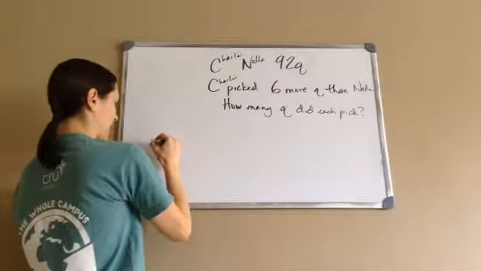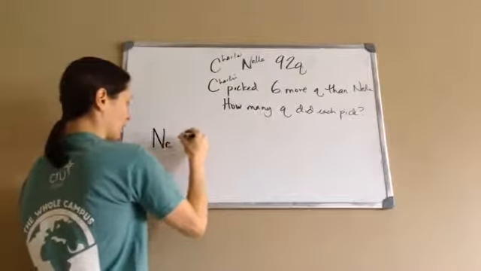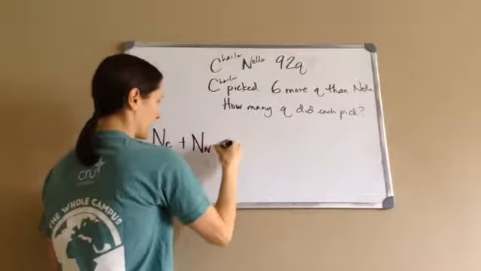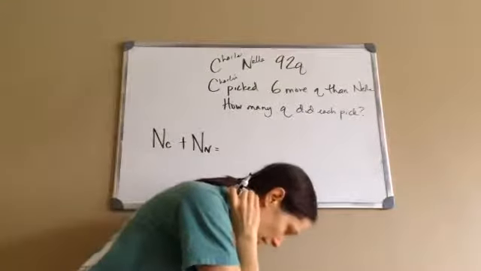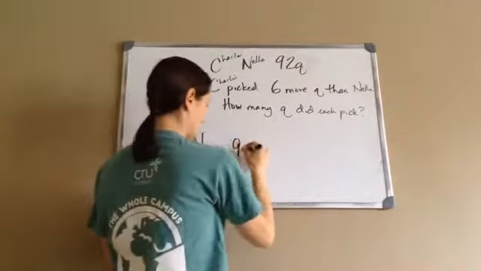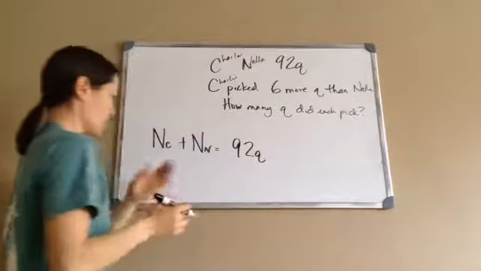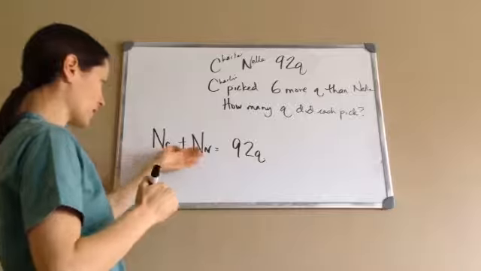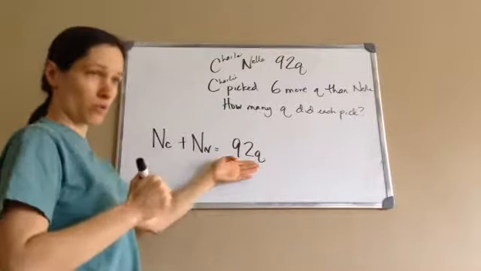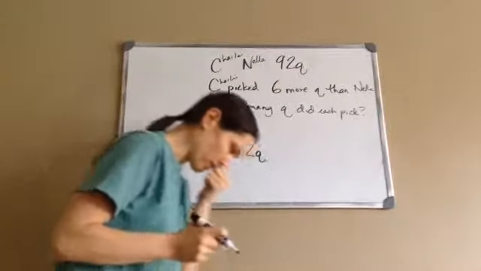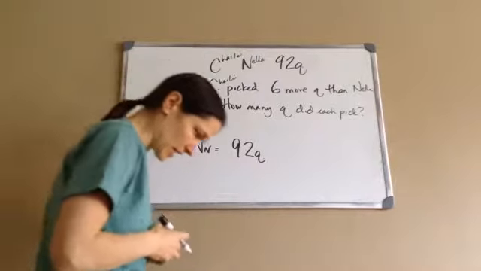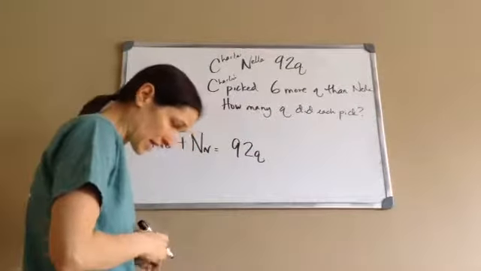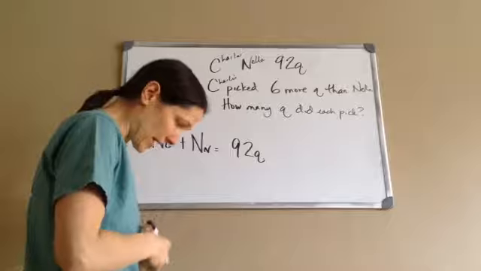So we've got the number of Charlie plus the number of Nellie equals, they picked together 92 quarts. That was given information.